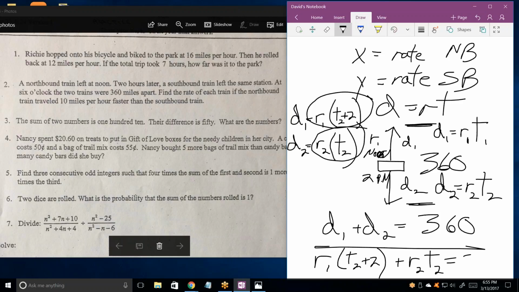That total distance is 360. Now, what else do we know? We know that r sub 1, the northbound train, is 10 miles per hour faster than the southbound train. So r sub 1 equals r sub 2 plus 10.